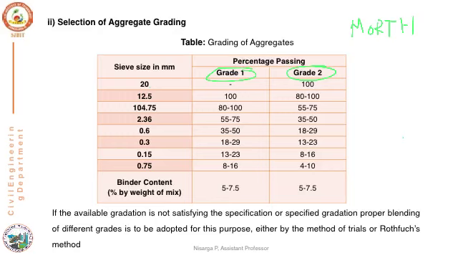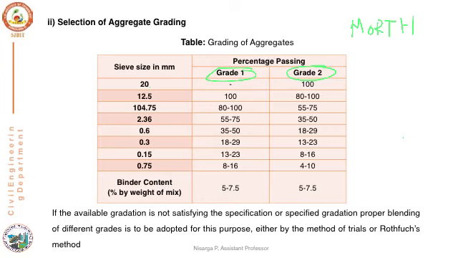Now what we have to do is check the material procured from the quarry for its gradation, and compare whether the given aggregate fulfills the requirement as per the MORTH specification. If the aggregate doesn't fulfill these requirements, then the blending has to be done. So what does it indicate?